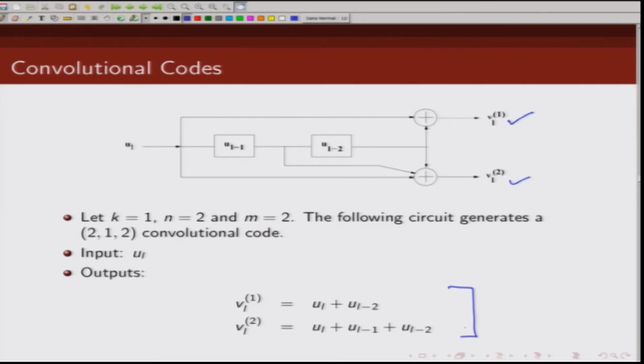So, you can see the difference here: the output not only depends on the current input, but also on past inputs. Similarly, in a convolutional code the output depends on past inputs and outputs. Okay. So, that is one of the major differences between convolutional codes and block codes.